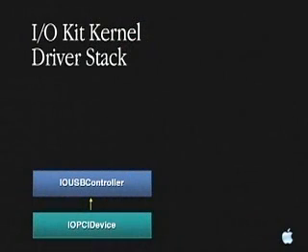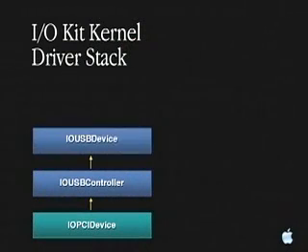The USB driver is then matched against that controller chip, and the class of that driver is I/O USB controller. Now this driver then initializes the USB controller chip and instantiates an I/O USB device. This device represents the root hub inside the controller chip.